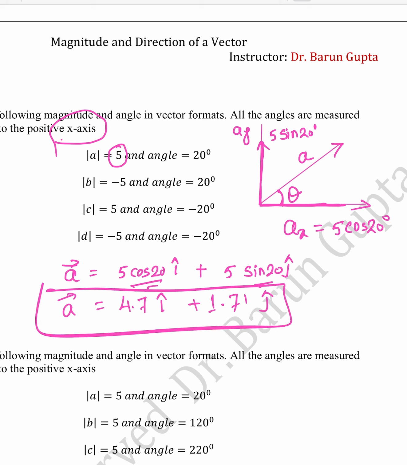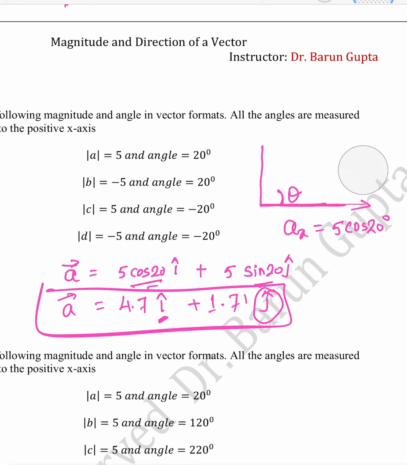The i unit vector represents the direction along the x-axis, and j hat represents the unit vector along the y-axis. Exactly the same way you should be able to solve the other problems, and I will show you one more.